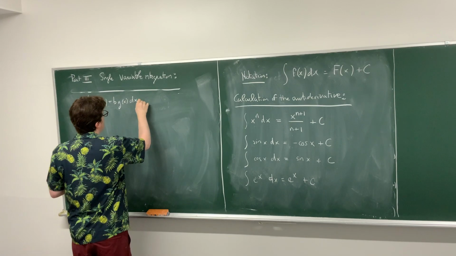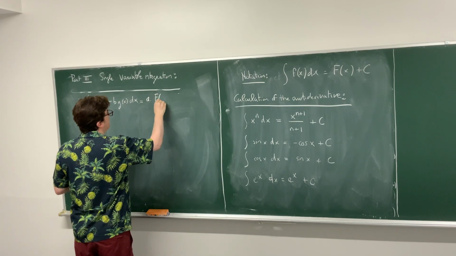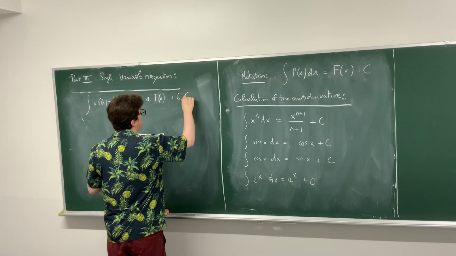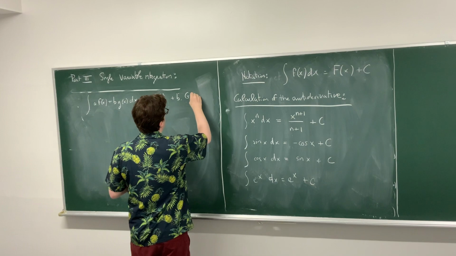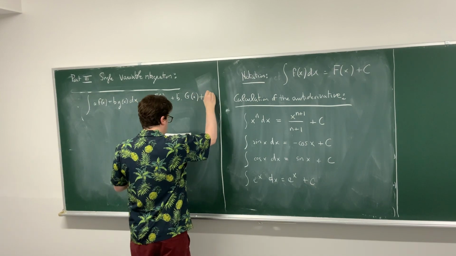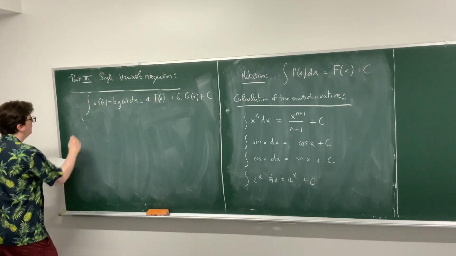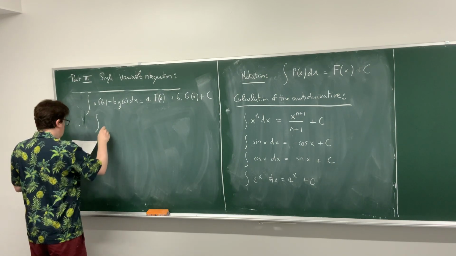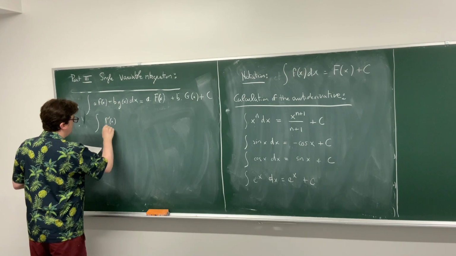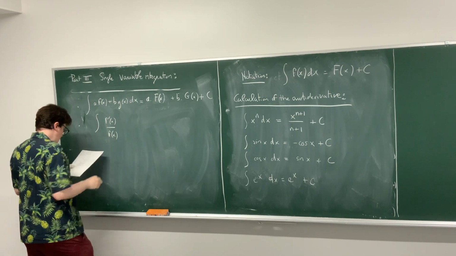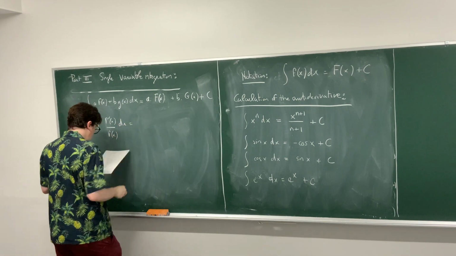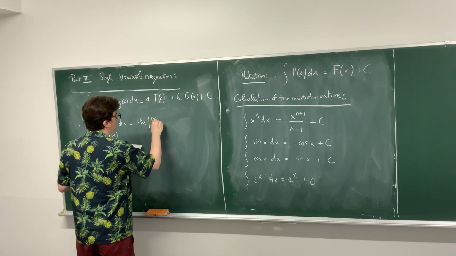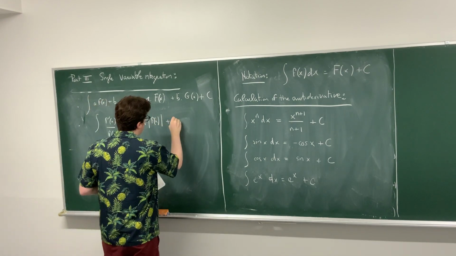Well, this will be just a times the antiderivative capital F of small f, plus b times the antiderivative capital G of small g, and you will have another constant. Another formula: what is the antiderivative of f prime of x divided by f of x, dx? This will be the logarithm of the absolute value of f of x plus c.